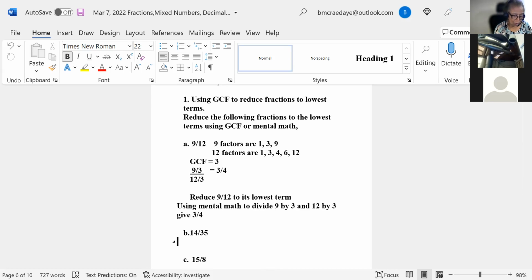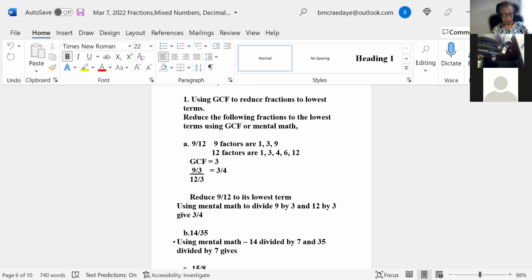So, there again, you use mental math. 7 into 14. 14 divided by 7 and 35 divided by 7 gives, so what's the answer? 14 divided by 7 is what?